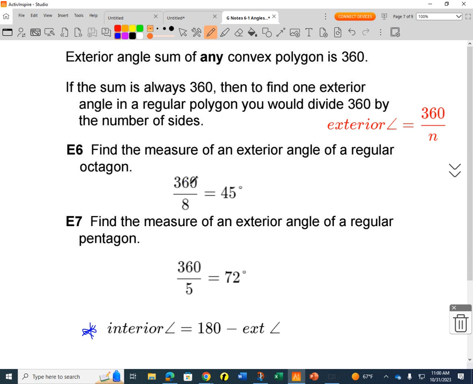But 360 divided by the exterior angle equals what? The number of sides. So you can use this formula, 360 divided by the exterior angle equals the number of sides. If you divide it by the exterior angle, you get the number of sides. If you divide it by the number of sides, you get the exterior angle. Does that make sense to everyone? So that's another little shortcut.